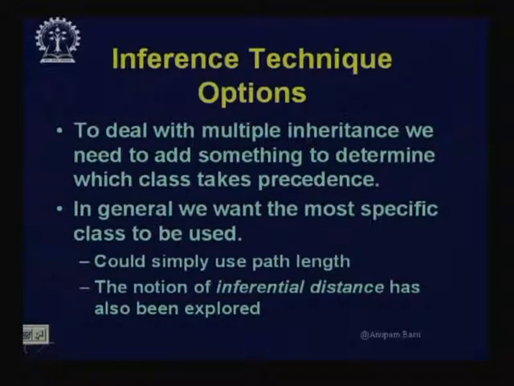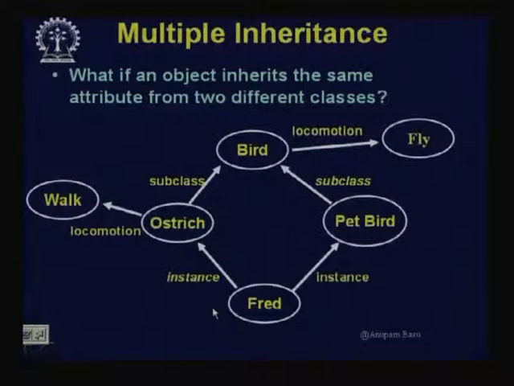In general, we want the most specific class to be used. All right. So, we could simply use the path length, thus the depth. The notion of inferential distance can also be explored. So, it could be something like this, that the path length of fly is at least 2, and the path length of walk is 1.